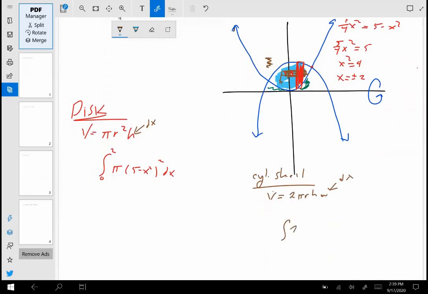All right, so that's going to give me the integral of 2 pi. Now the radius goes from 0 to the 5 minus x squared on the top. Okay, because remember we have to do a top half and a bottom half. Okay. So we're splitting it up.